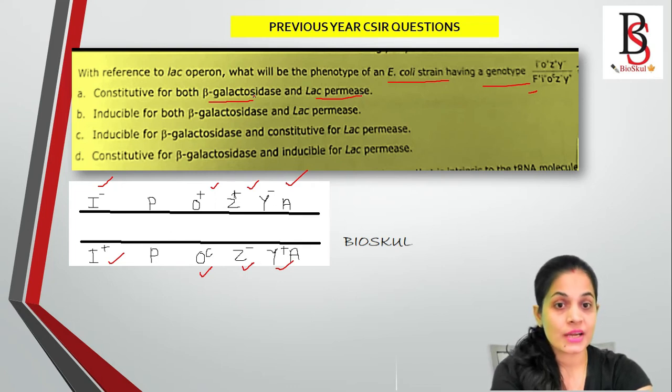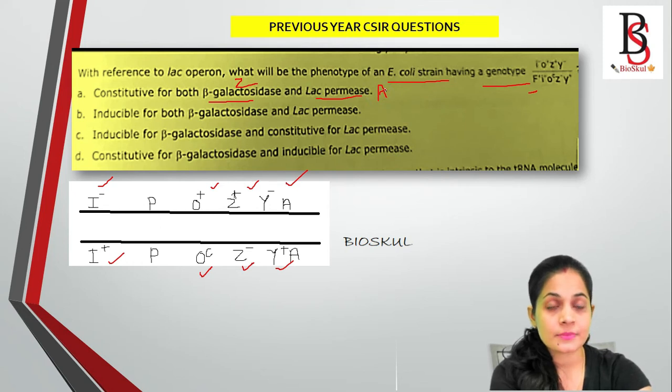Beta galactosidase is encoded by which gene? It is encoded by the structural gene Z, right? And lactose permease is encoded by the Lac A gene. So this is the genotype, that means it is a merozygotic condition, partially diploid E. coli cell.